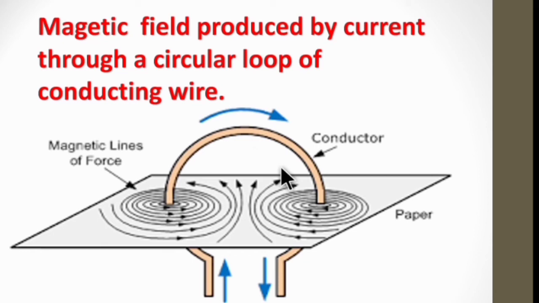The magnetic lines of force are produced at each point on the loop. Then as we go away from the wire, the concentric circles representing the magnetic lines of force will become bigger and bigger.